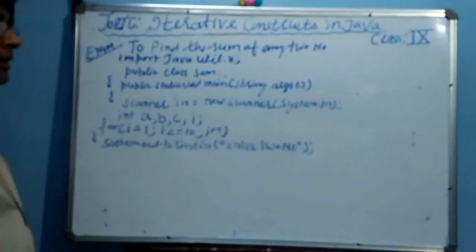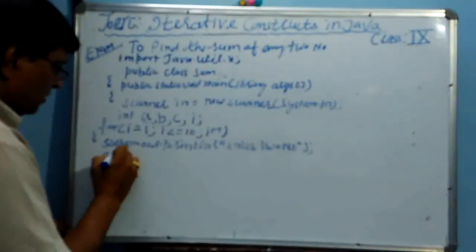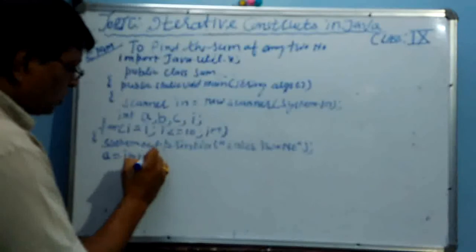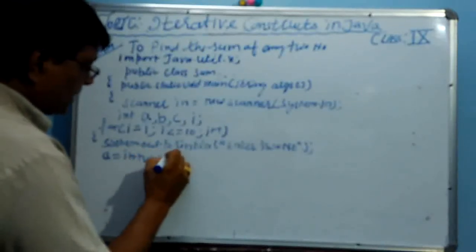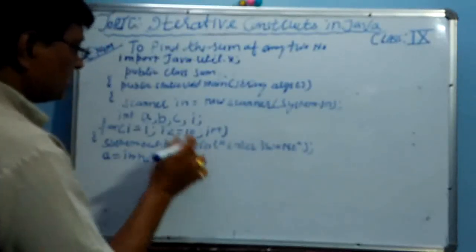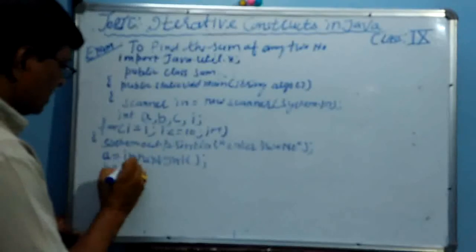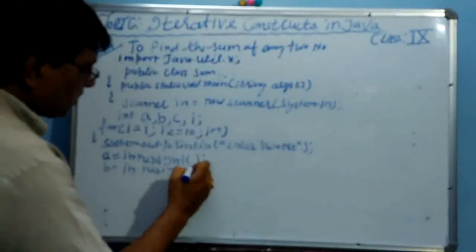Now we have to store the value of the two numbers. The two numbers are a and b. So a is equal to n.nextInt(), and b is equal to n.nextInt().